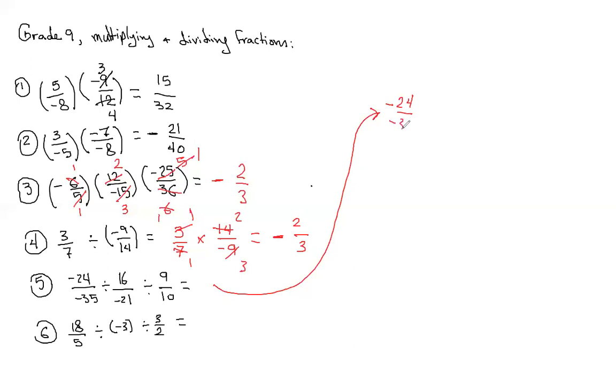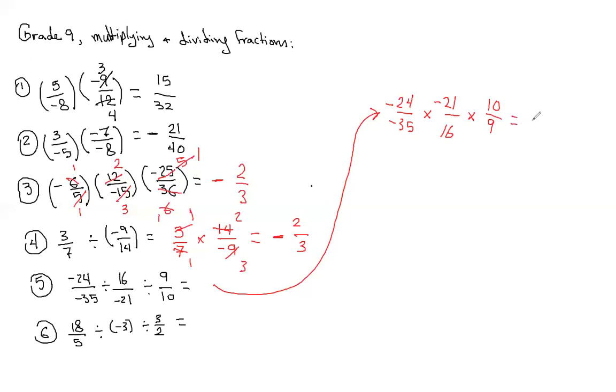So -4, -35 times 21 over 16 times 10 over 9. So we change all my division signs to multiplication, but I flip what I'm dividing by.